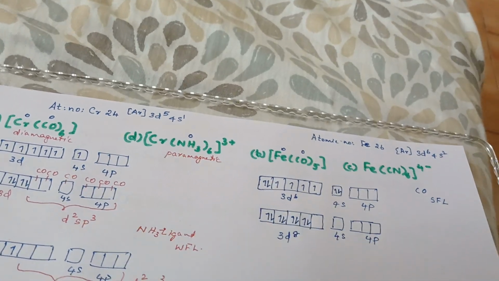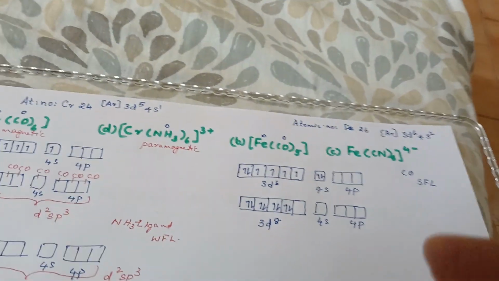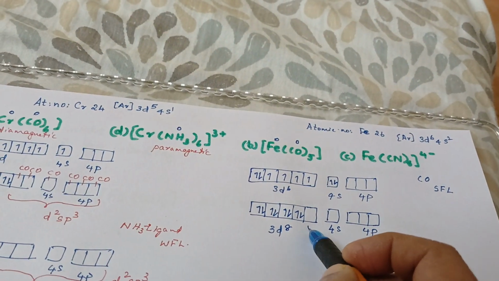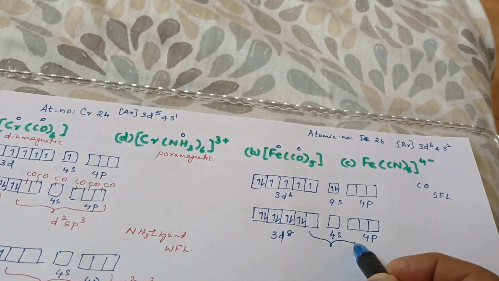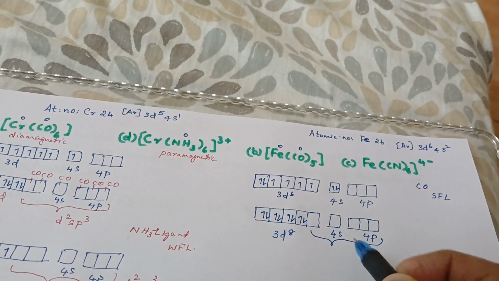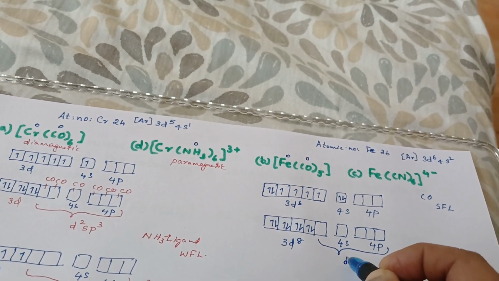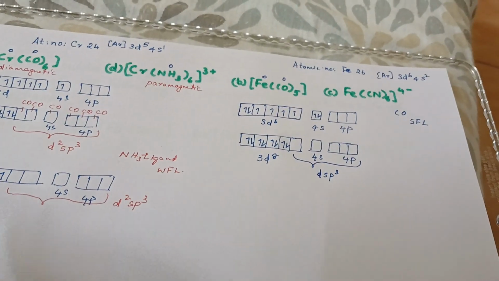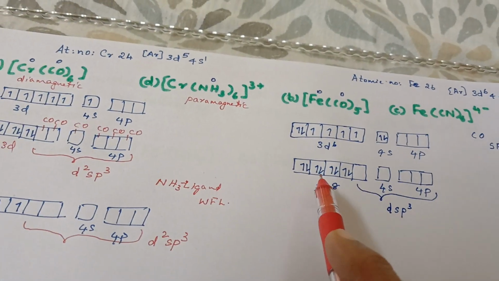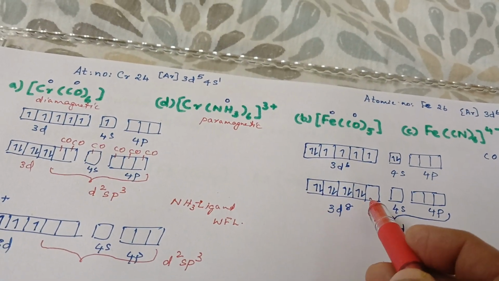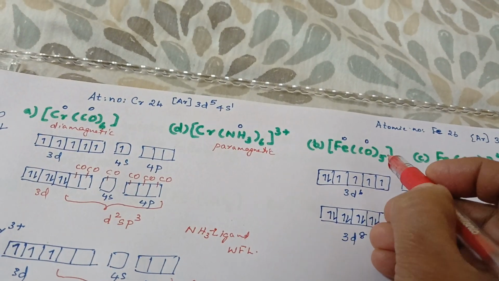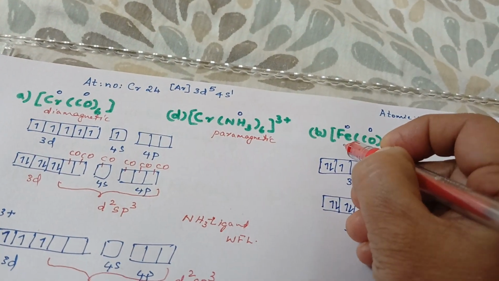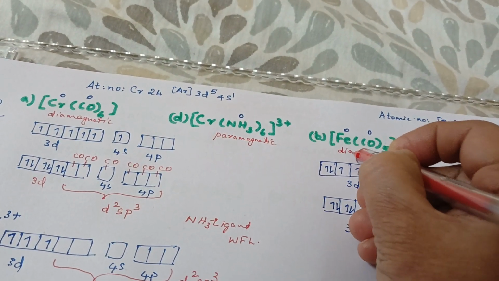This will become 3d8. And the remaining 1 d orbital, 1 4s orbital and the 3 4p orbitals give dsp3 hybridization. Are there any unpaired electrons here? No unpaired electrons. So Fe(CO)5 will be diamagnetic.